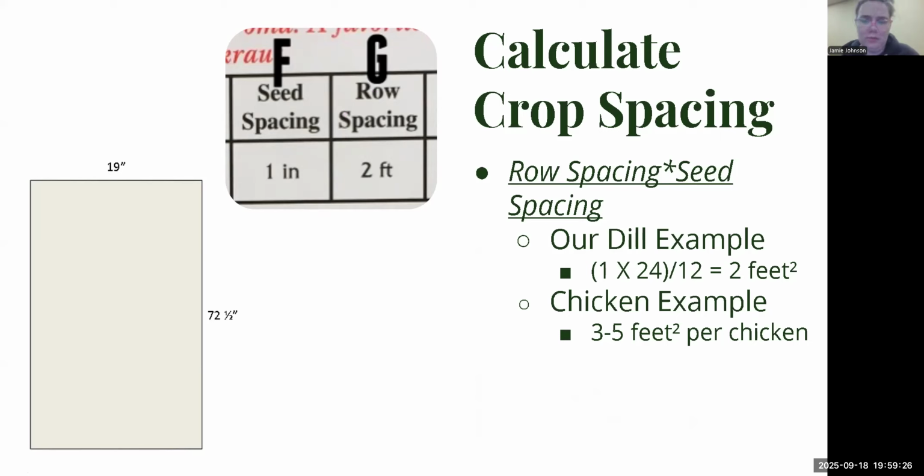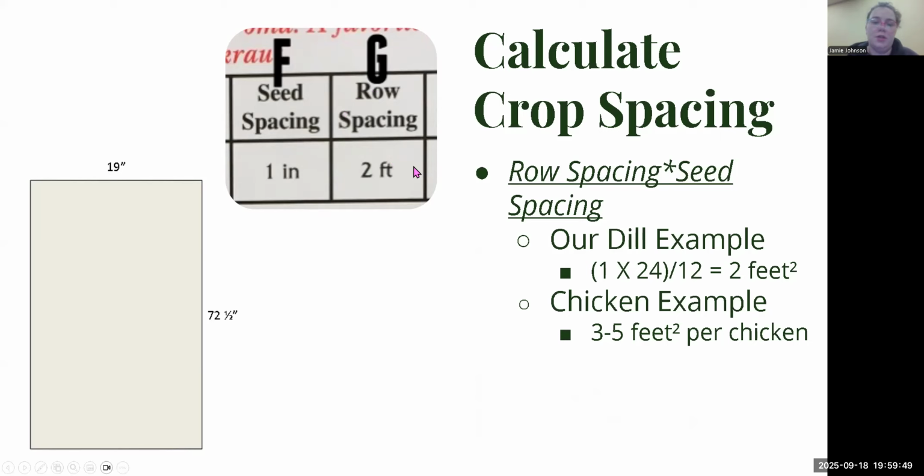It's okay. It's fine. So our dill example, as demonstrated by this photo, is 1 inch seed spacing. So seed spacing is 1 inch apart, and then row spacing going the opposite direction is 2 feet.